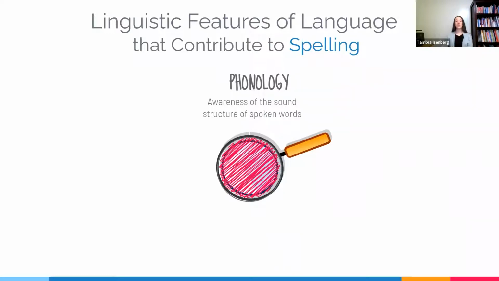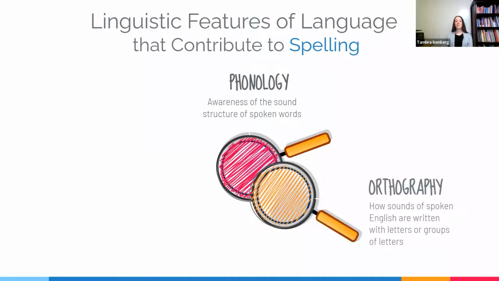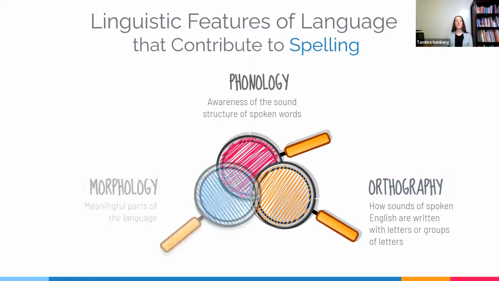So we want to make sure that we're starting there. And then for that orthography lens, that lens can help us determine the depth of knowledge that our students have about how the language is written down, including conventions and the patterns of graphemes in English. If you think back to what Pam was sharing at the beginning about those 5 principles of spelling that she told us about. And then finally, we can look at that lens of morphology.